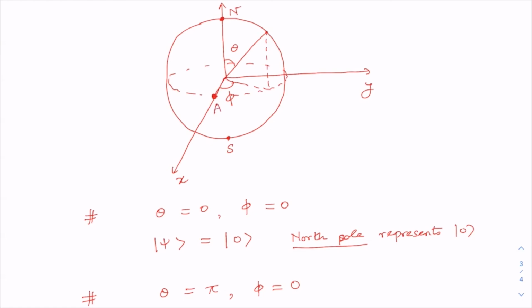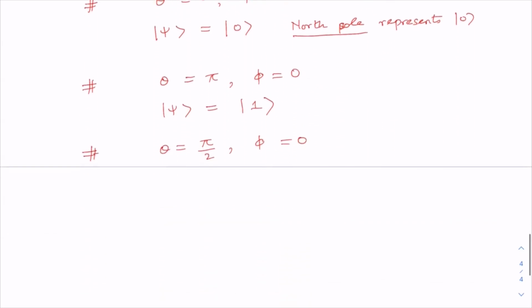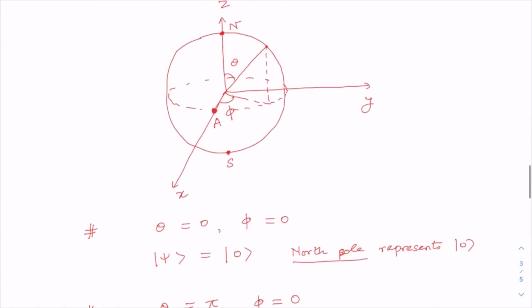Let us say this is point A, and this point corresponds to the state ket psi, a superposition state, which you can immediately verify: it will be 1 by root 2 times ket 0 plus ket 1. So every point on the Bloch sphere represents a unique pure quantum state in the two-dimensional Hilbert space.